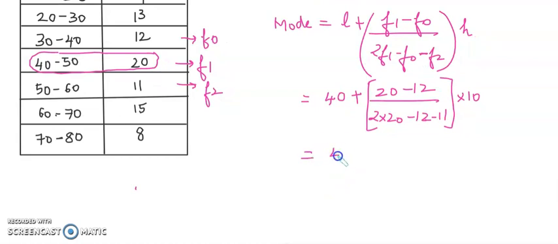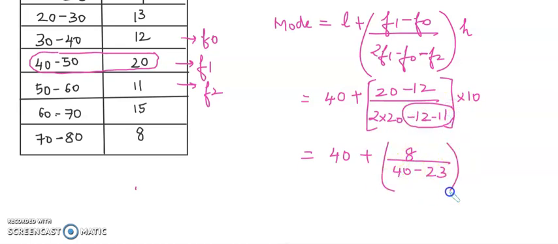So that is equal to 40 plus 8 divided by 40 minus 12 minus 11, which adds up to 23, so 17, multiplied by 10. Let's take the 10 inside. So it will be 40 plus 80 divided by 17, which equals 40 plus 4.7.